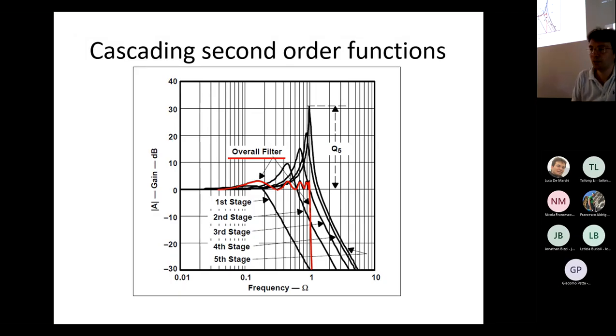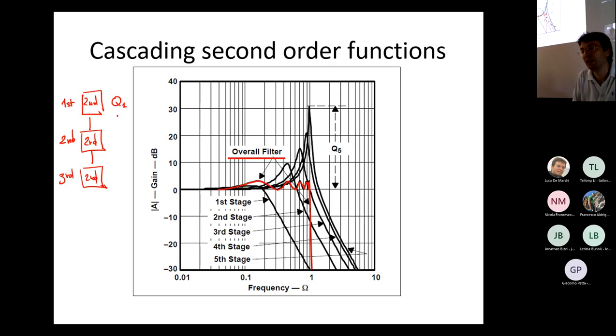Okay, so if we have a chain of second order filters, and we have to select the order of these filters. Well, each second order filter will be characterized by a given Q factor.